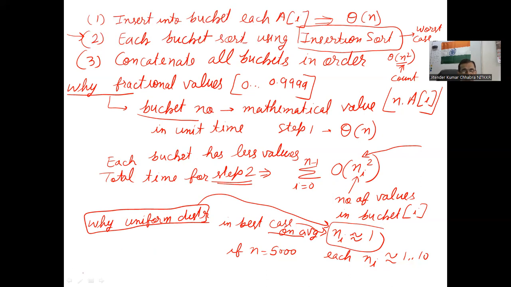And then I can say the third step, concatenation. Ideally, I should be able to concatenate again in theta of n steps. That should be the aim. If I am able to do so, I will say my total time complexity will be theta of n for step 1, plus the summation of n_i square for step 2, and maybe theta of n for step 3.